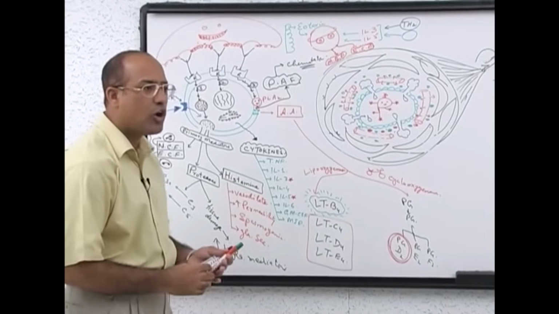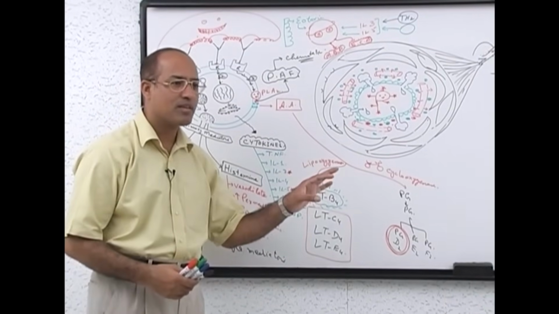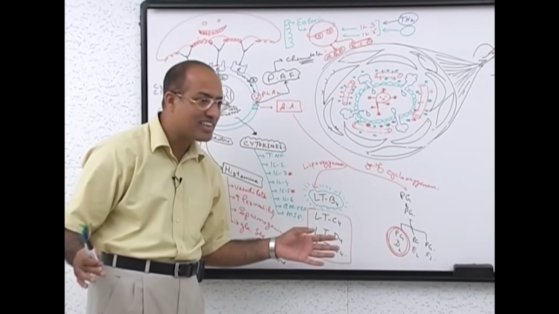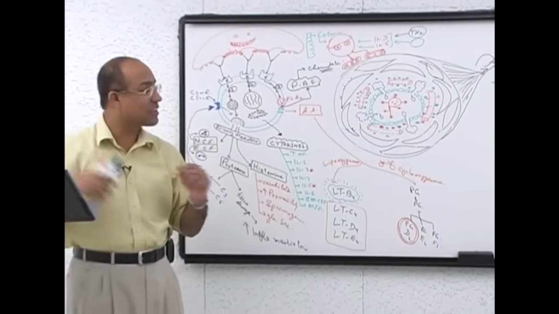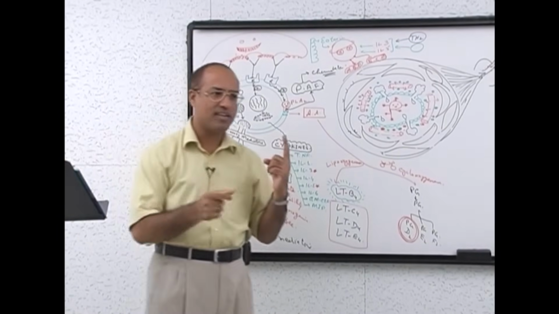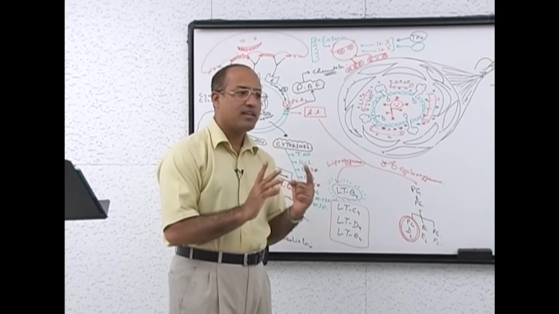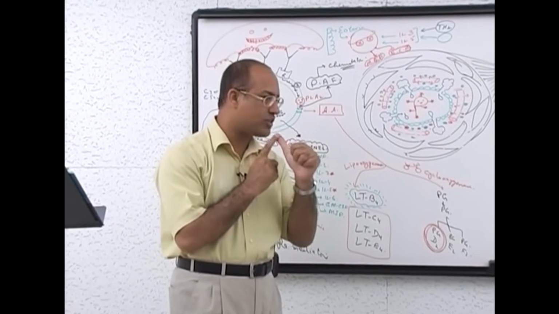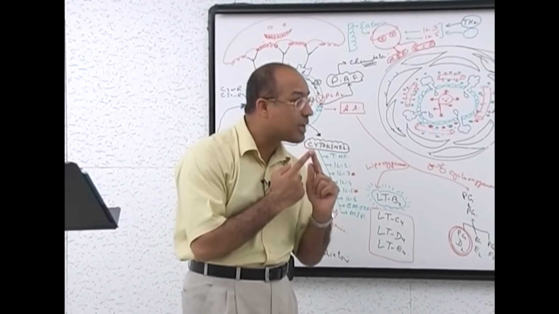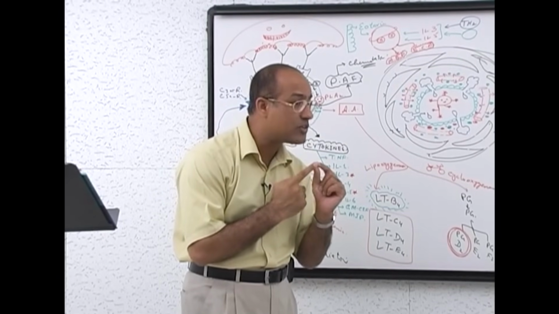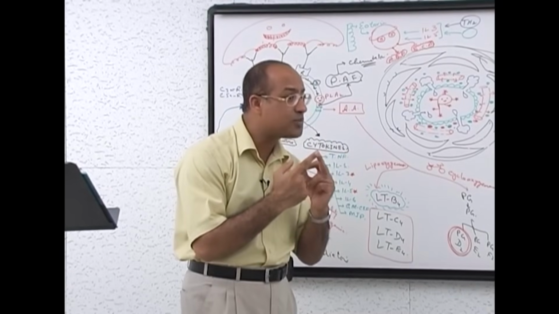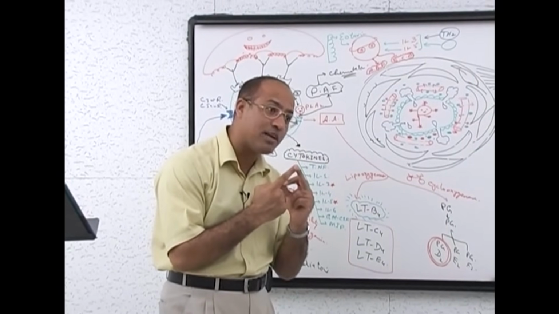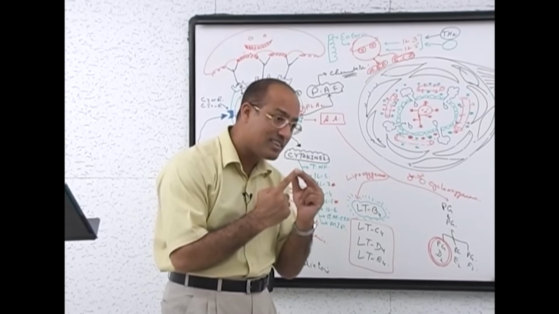So how many players are in this game? So many. Again, let's start thinking of the players. The first player was your antigen presenting cell. Second player was T helper cells to which antigen was presented. Third player was B cell converting into plasma cell and producing IgE.